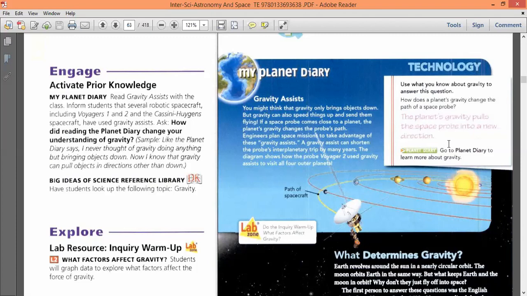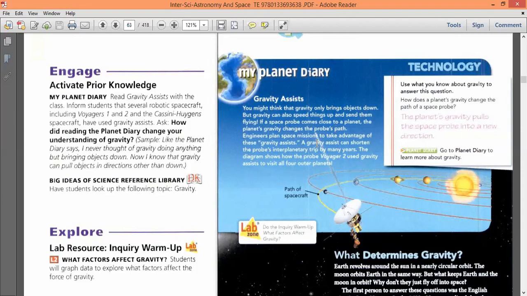So how does a planet's gravity change the path of a space probe? A probe is a shuttle or a spaceship. The planet's gravity pulls the space probe into a new direction. It can change its direction. So gravity can change the probe's path.